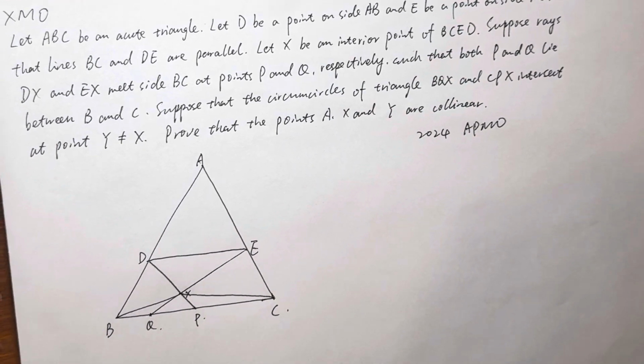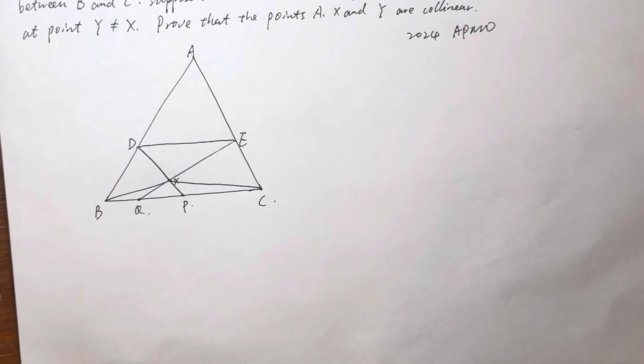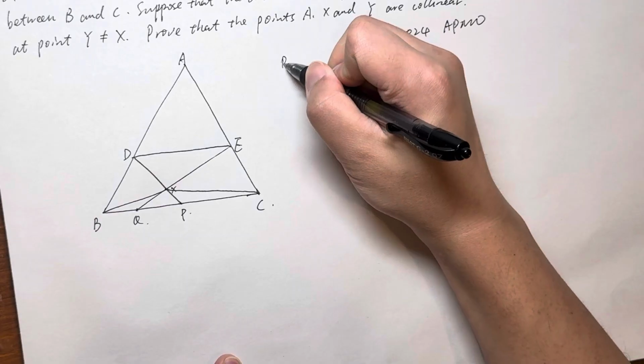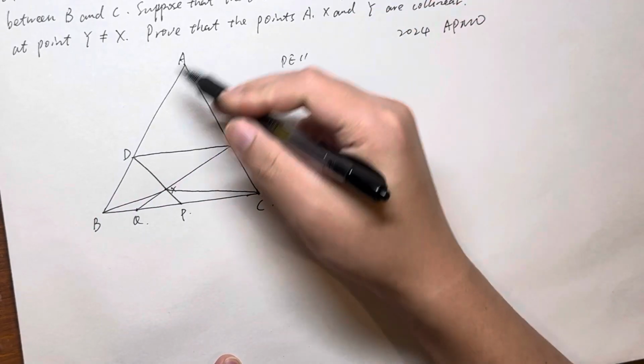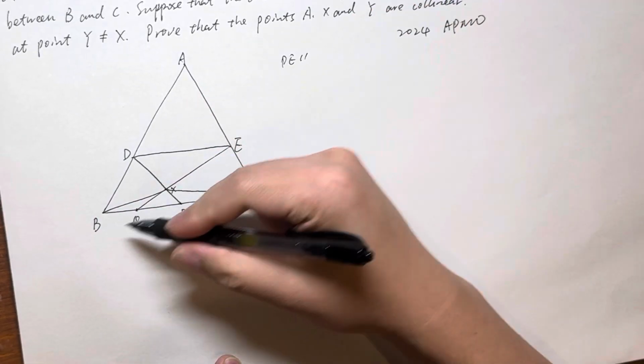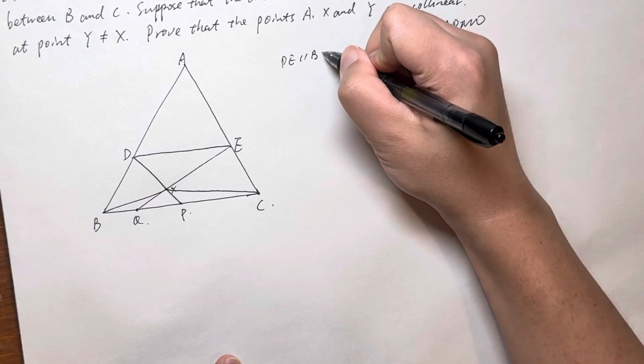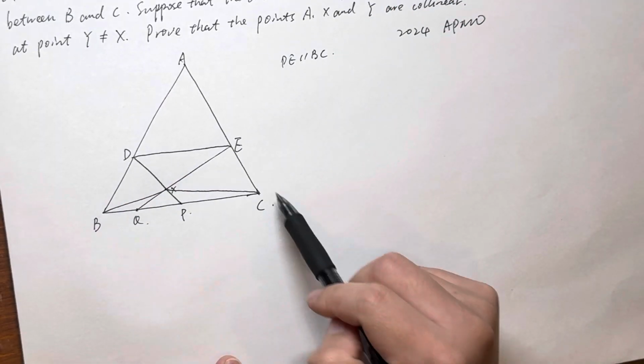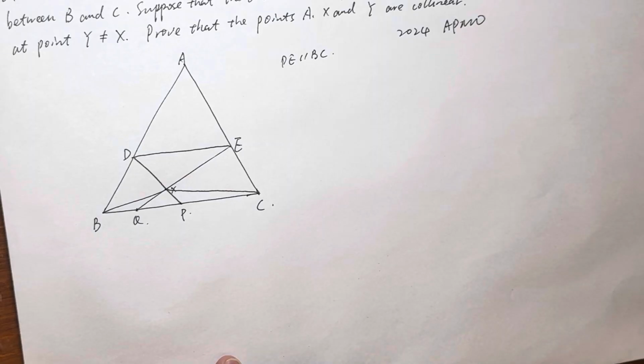Okay, so the problem setup is quite easy. We know DE is parallel with BC in triangle ABC, and X is a point inside BCED.